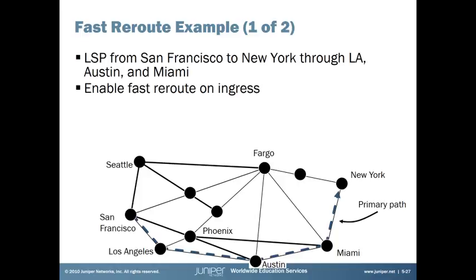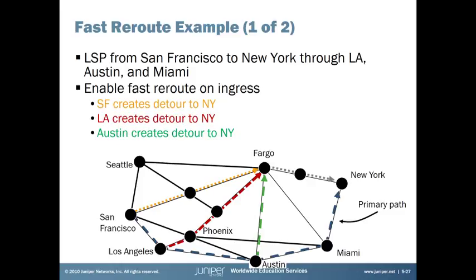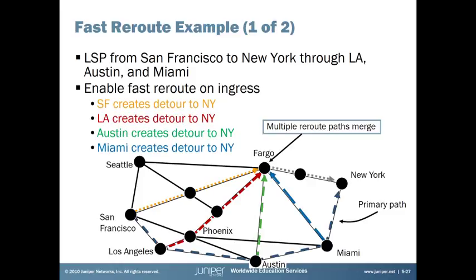Now there's our LSP. We're going to enable fast reroute on that. So what happens is that every router then pre-calculates in advance a reroute path around its downstream router. Now nothing has failed at this point.